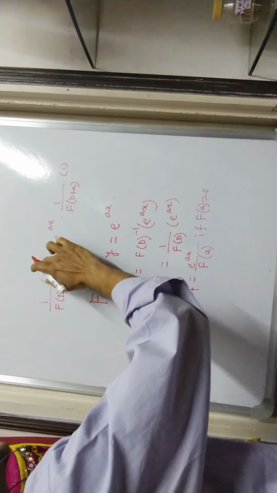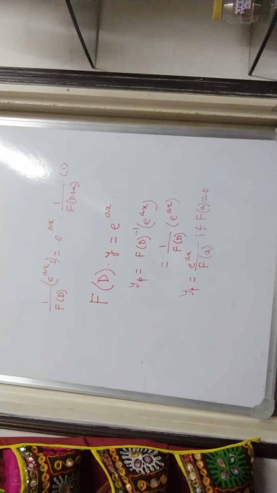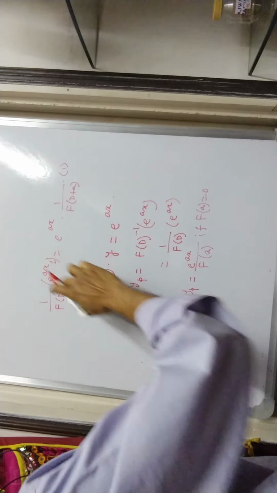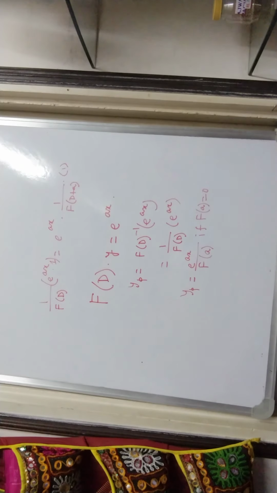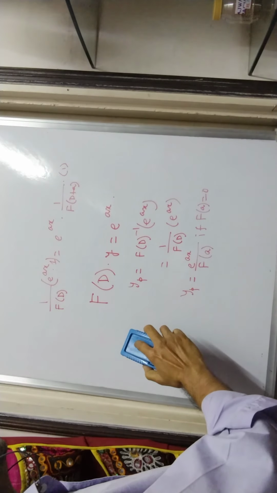Since e to the power x can easily be written as this, this is taken as a constant function of x. Let us illustrate on this rule.